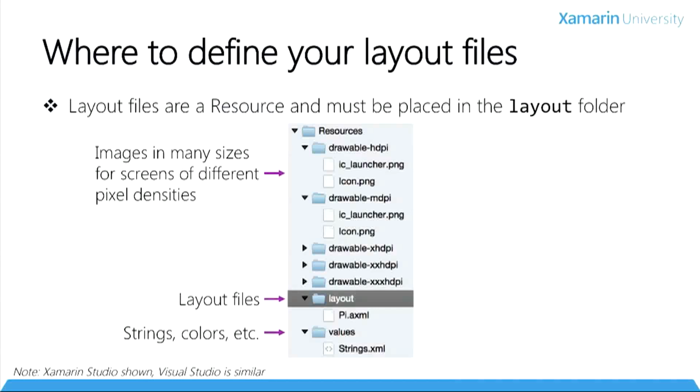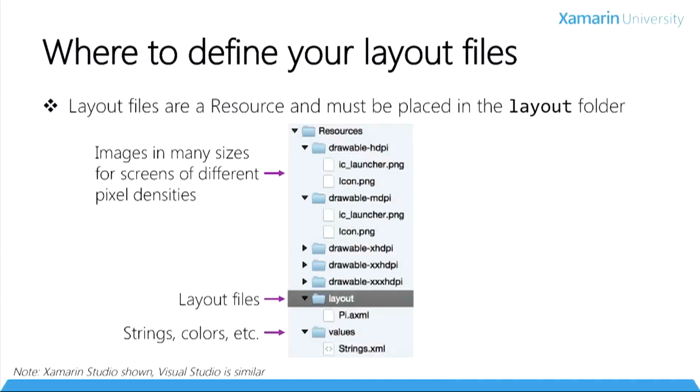Especially things that might change or that might be used in multiple places. You can pull them out into XML files in the values folder and then apply them throughout your UI. If the value changes, you come update the XML file, right? You do the update in one place instead of updating it all throughout your UI. So in general, the idea of resource is an important one in Android.